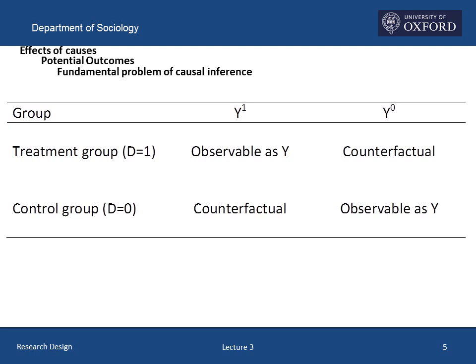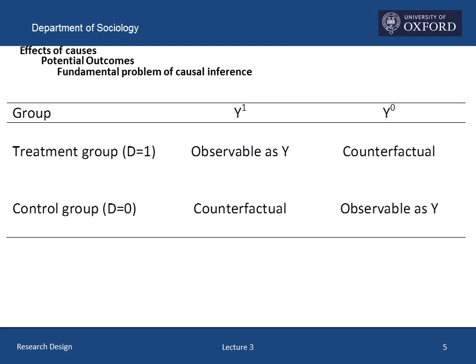Cases are assigned either to the treatment or to the control state. In the columns, we have the 2 potential outcomes for each of the cases. The outcome that would be observed in the treatment state if the case were assigned to it, and the outcome that would be observed in the control state if the case were assigned to it.